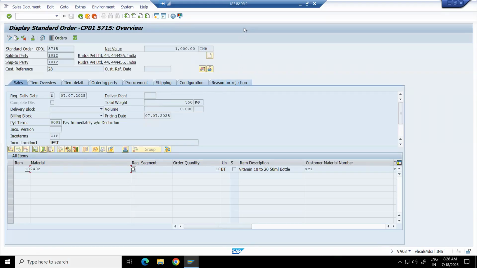Unmute yourself and tell me what the sales document type is in this transaction. How can I check that? At what level of a sales transaction will the document type come? Header level. Header level.